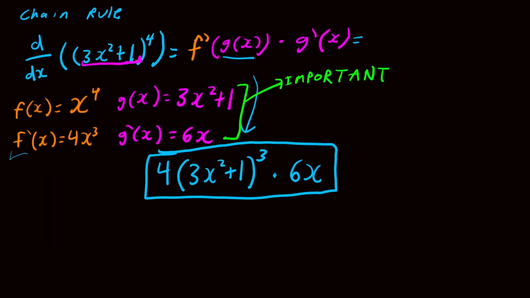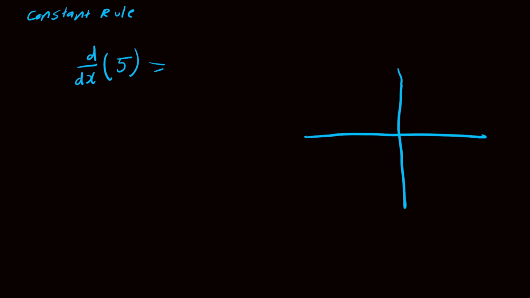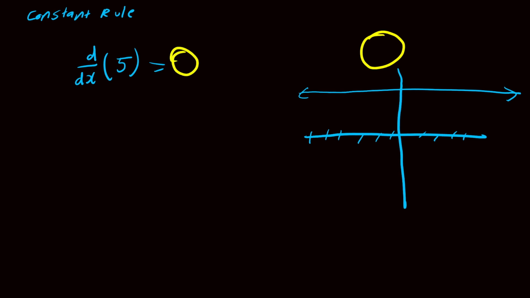Okay, so d of dx of 5. 5 is like right there. Okay, what's the slope of this line? It's a big 0. That's what the answer is, 0. Right? The slope is 0.